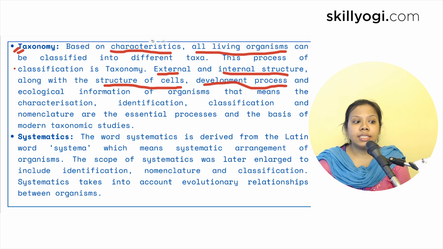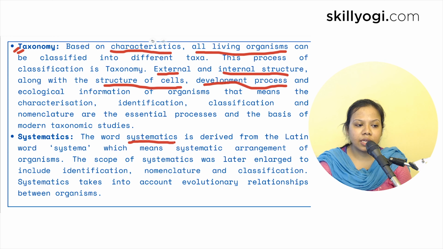And what is systematics? The word systematic comes from the Latin word systema, which means systematic arrangement.